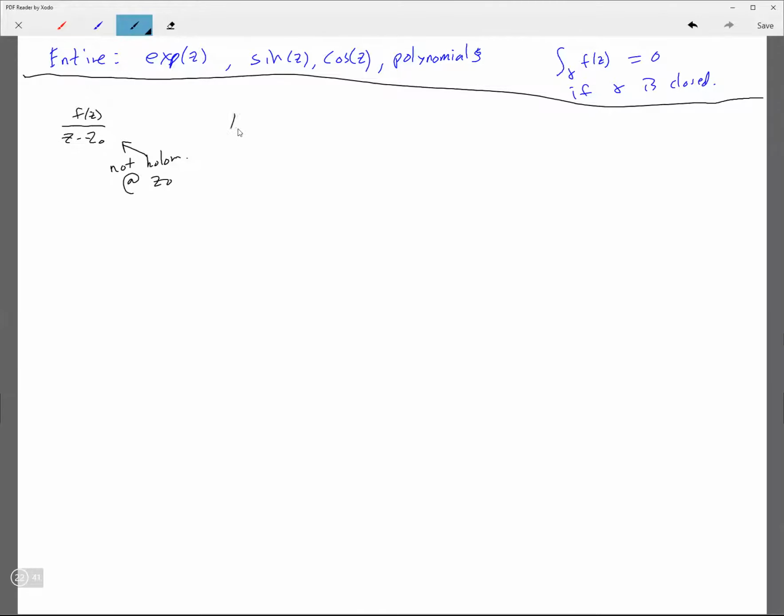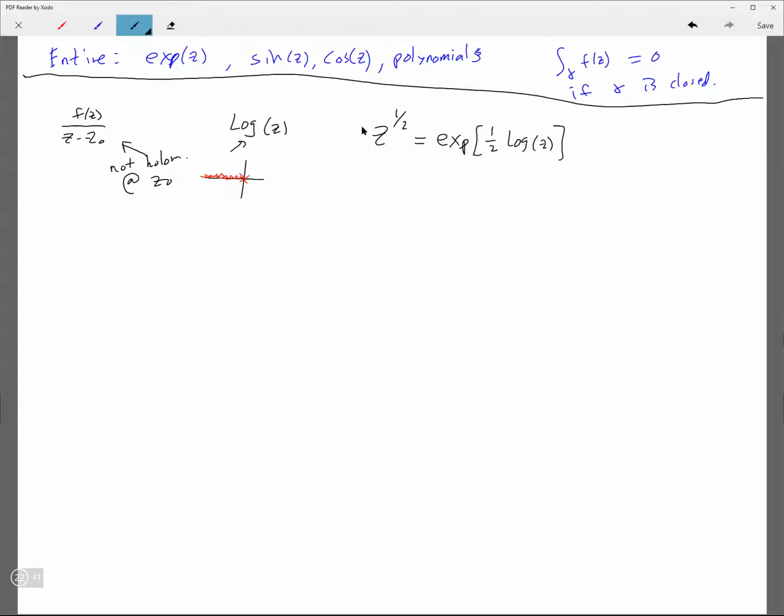Okay. If you have log of z, then that's not holomorphic right here. So that part's going to give you trouble. Okay. If you have z to the 1/2, the way that it's defined is exp of 1/2 log z.